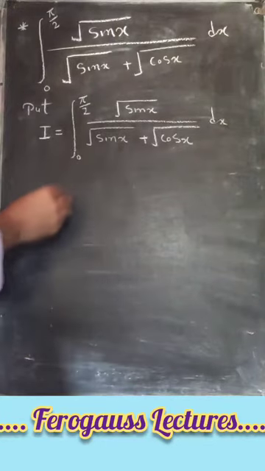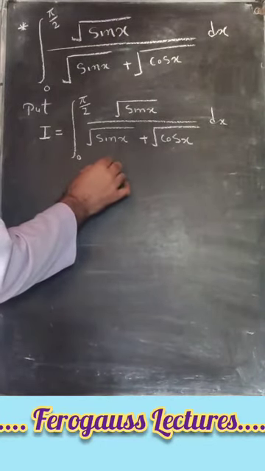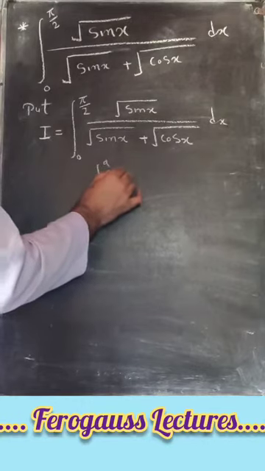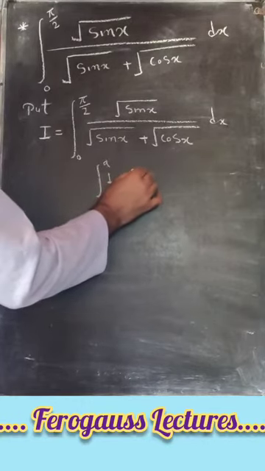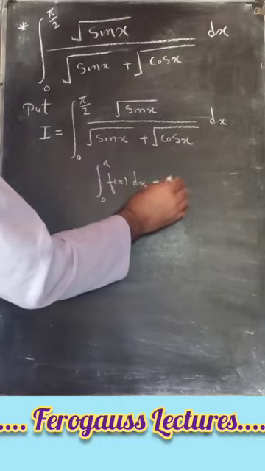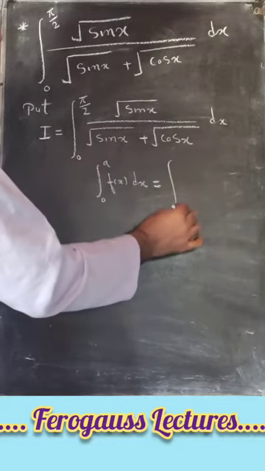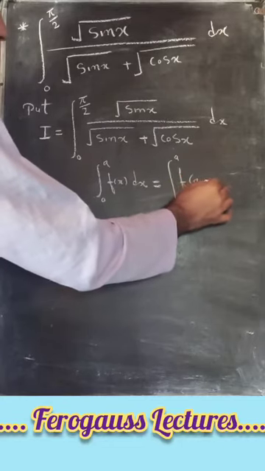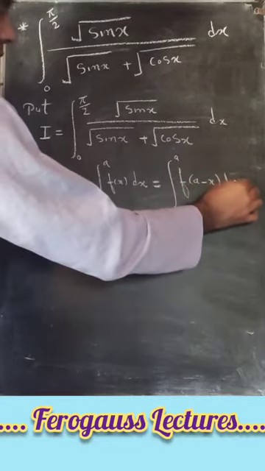Now we know that integral 0 to a f(x) dx is equal to integral 0 to a f of (a minus x) dx.